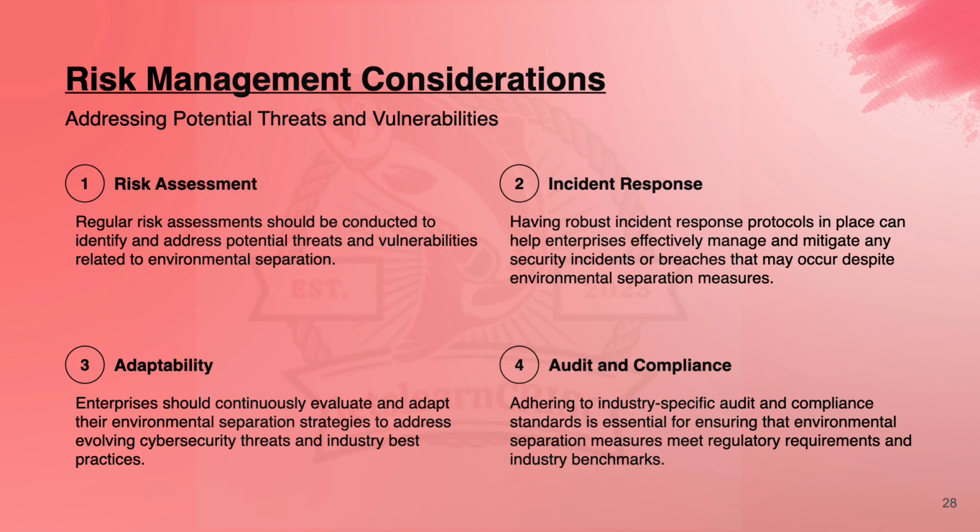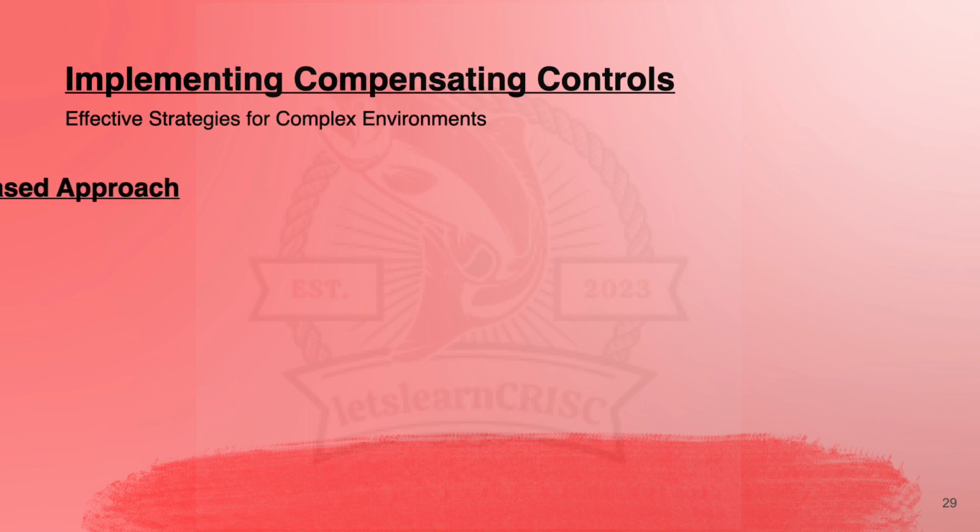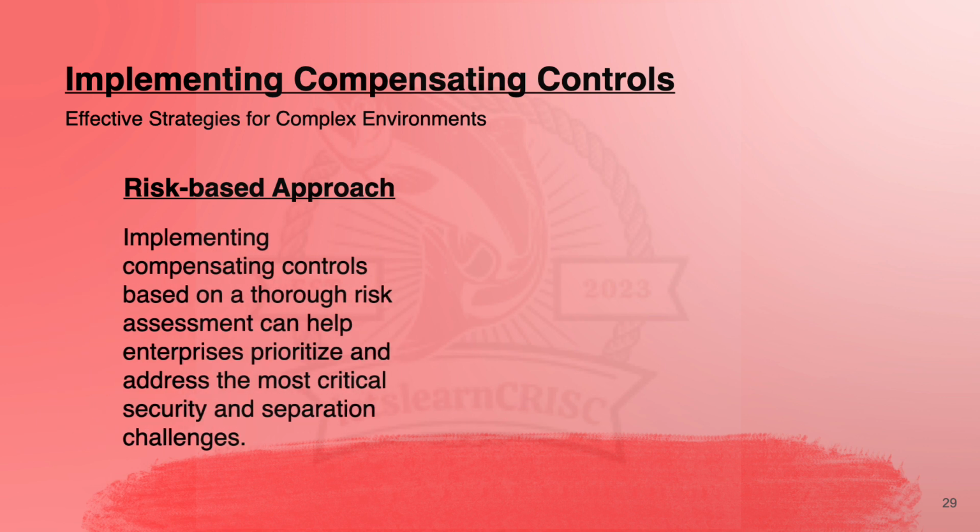Moving next, we'll discuss implementing compensating controls, the effective strategies for complex environments. First is the risk-based approach. Friends, a risk-based approach involves implementing compensating controls based on a thorough risk assessment. This helps the enterprise to prioritize and address the most critical security and separation challenges.